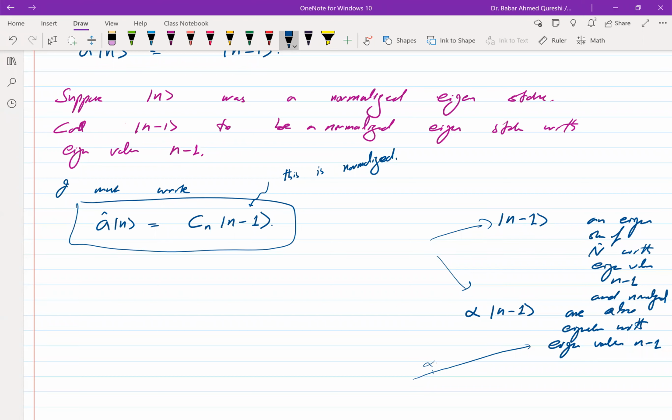So it's one of those, which one we don't know. That's why I'm writing C_n in front, because I have reserved this symbol for the normalized eigenstate. I'm not sure if I'll get the normalized eigenstate, so I must include a constant.